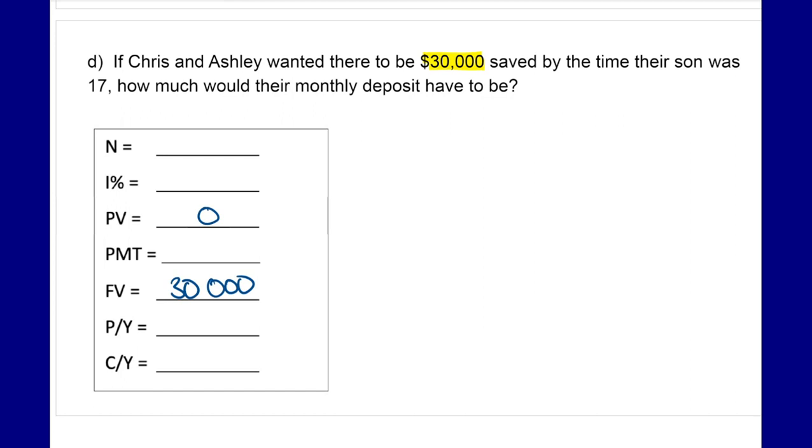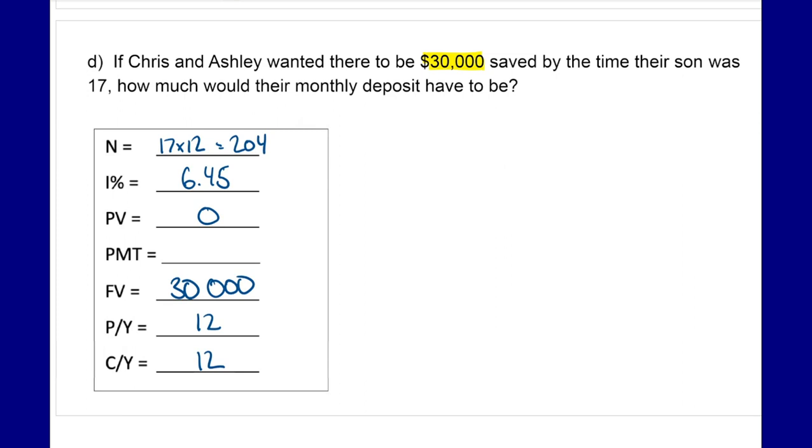Our PV is going to be 0, our I is 6.45%. Our N, because it's still 17 years and monthly, is still 204, the 17 times 12. PY is still 12, CY is still 12.